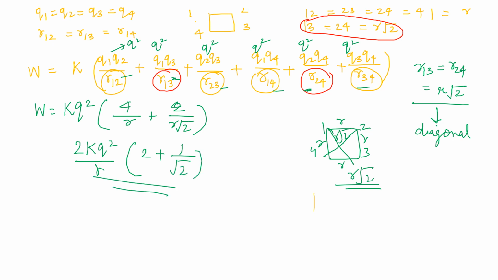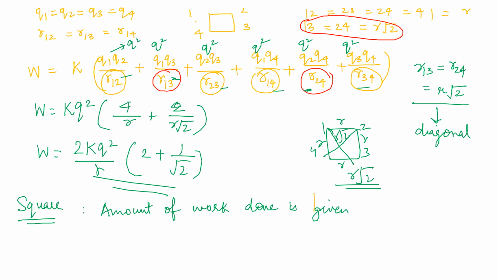If we consider our quadrilateral to be a square and all the charges have the same magnitude, the amount of work done is given by the above equation.